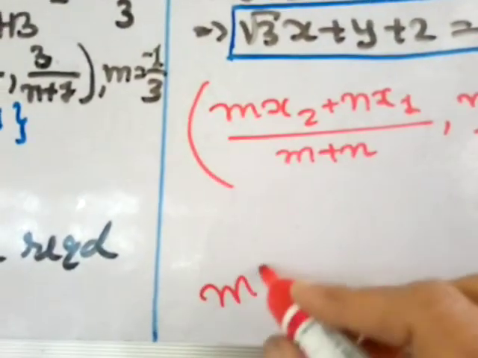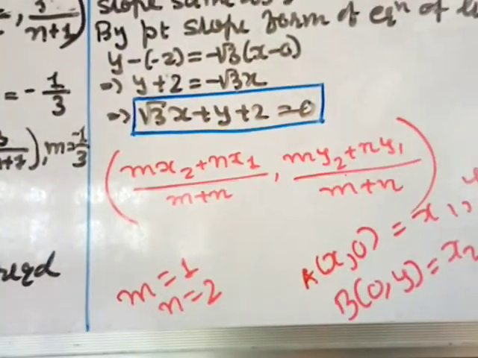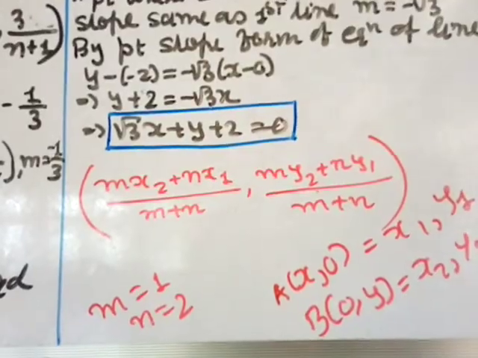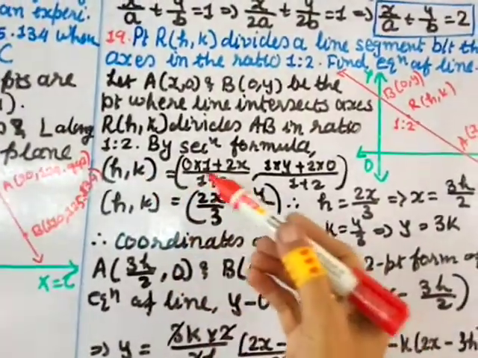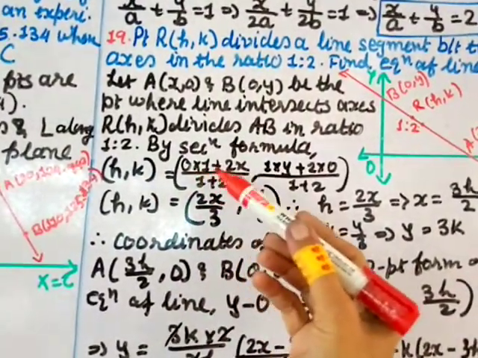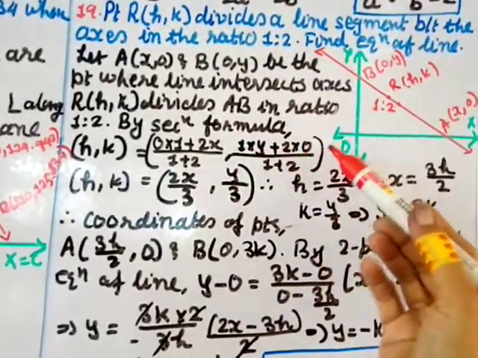So you call m equal to 1 and n equal to 2, and place the values here. So we'll get the coordinates of the point which divides the line between the axes. So I am writing here directly. (h, k) equals ((1 times 0 + 2x)/(1 + 2), (1 times y + 2 times 0)/(1 + 2)).